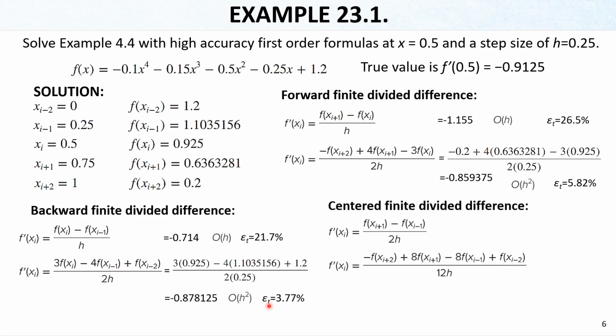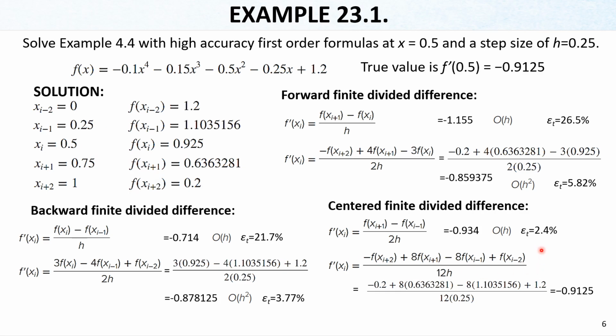Let's check this centered finite divided difference. In this we will use not xi, but x(i+1) and x(i-1) in here, and also x(i+2) and x(i-2) in here. When we use them, the results are much closer to the true value, because we know that the centered finite divided difference is a better approximation compared to these ones, because it's actually using additional data in the formulation.